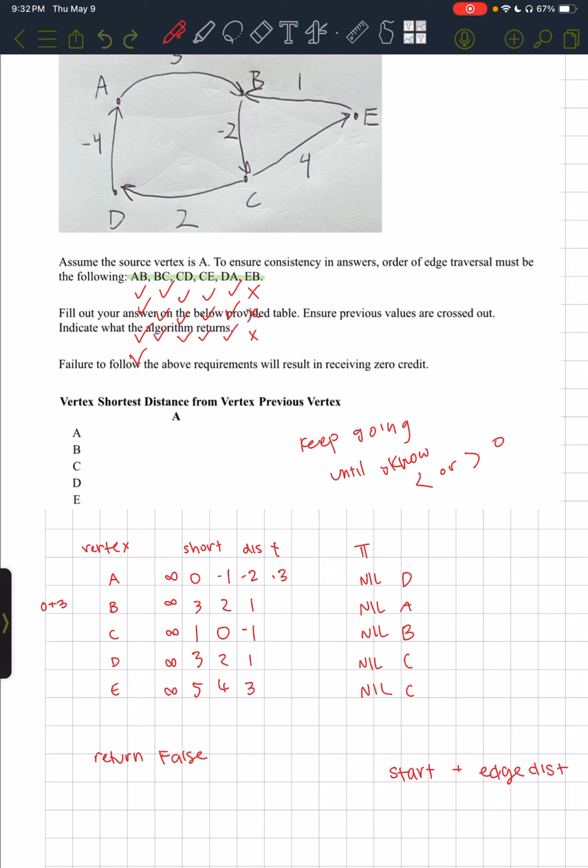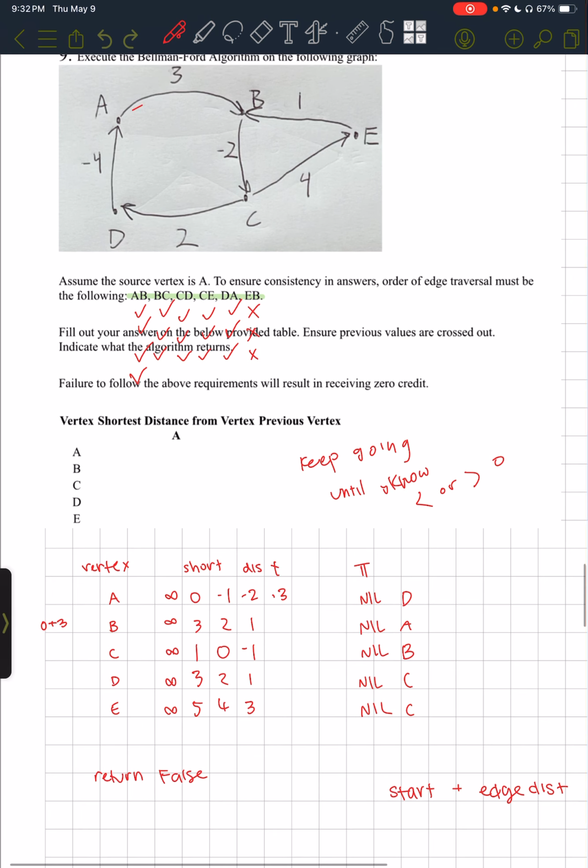So next one is A to B. A to B is 3. 3 plus negative 3 is 0. And then B to C, negative 2. C to D, negative 2 to 2, 0.